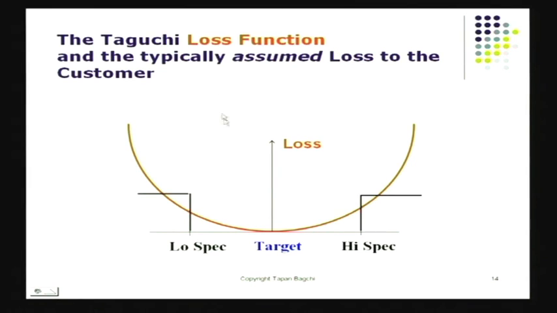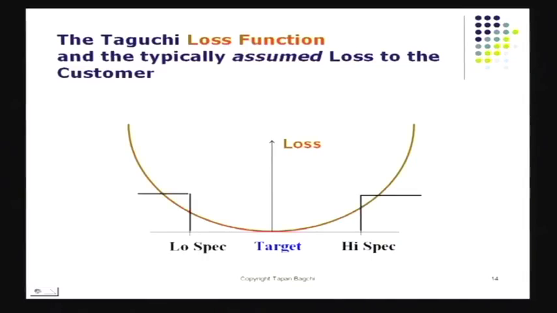What it really means is, for any quality you're looking at, there's always a best value that the customer wants you to have. If you're not quite there, you as the user, or society at large, will incur a loss, because that quality was not delivered at the target, it was delivered somewhere else. So the old idea of trying to control quality by looking at whether the product is within spec or not is not good enough.